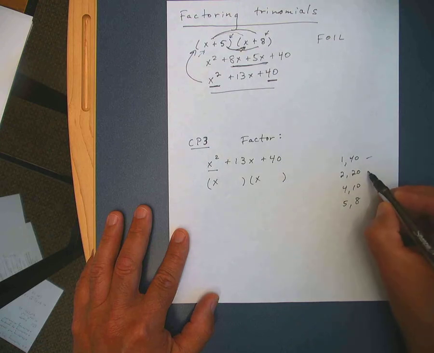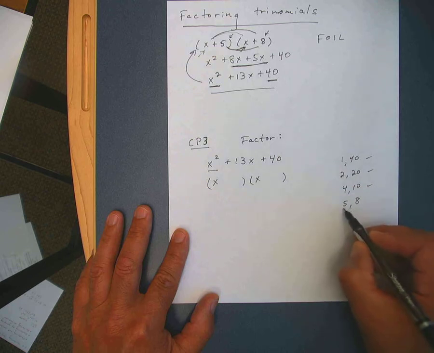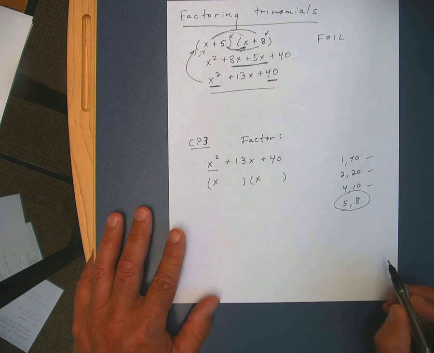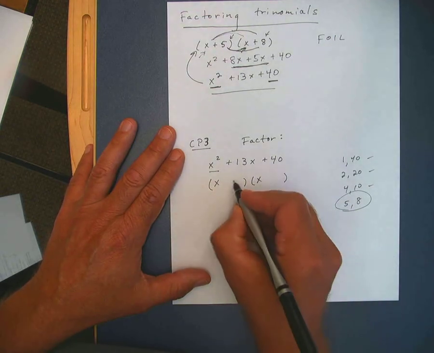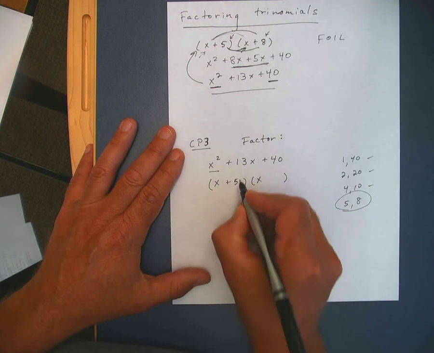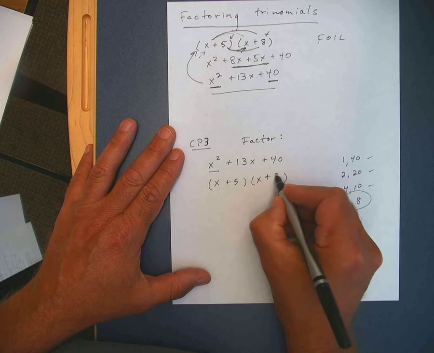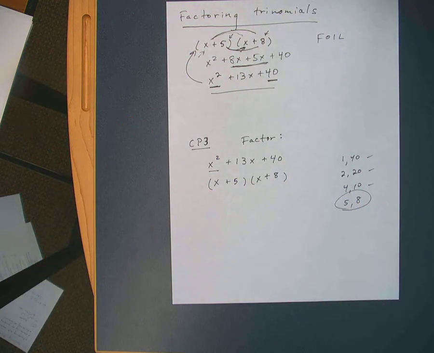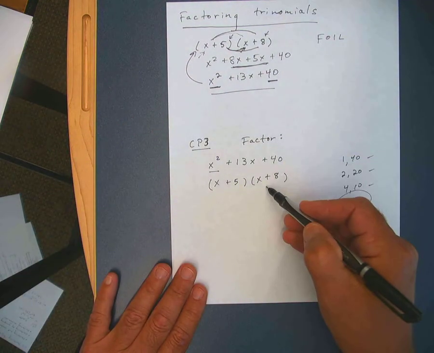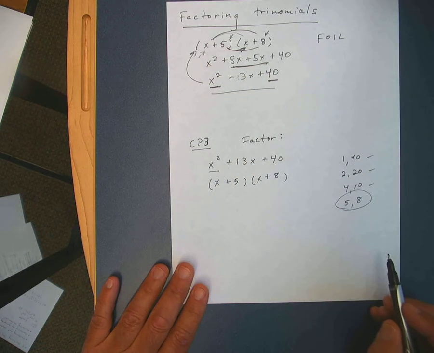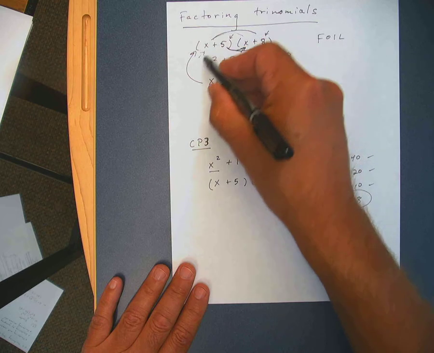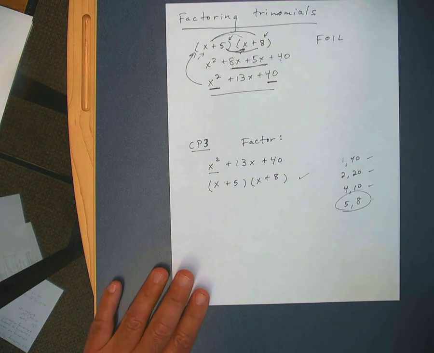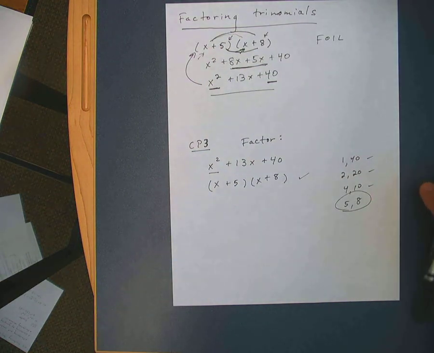That's 41, 22, no, 14, no. So that's the set of numbers we use, the 5 and the 8, because those add up to 13. So I'm going to put down plus 5 and plus 8. And as you saw up here, if you multiply these two out, you will get this trinomial. So that would be a good thing to do if you were checking this, is actually multiply it back out to make sure you get what you started with.